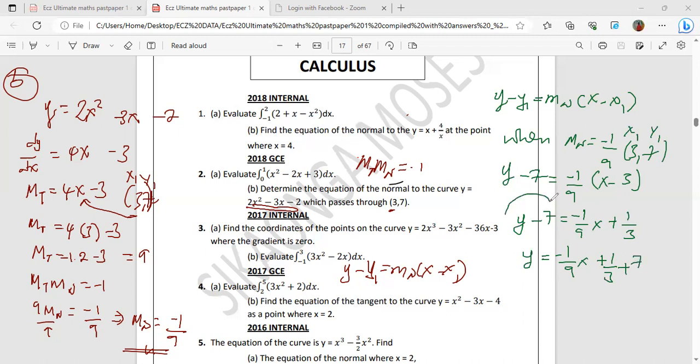Remember, when this one crosses that, it becomes a positive. So negative 1 over 9 x plus 7 thirds. So that was the final answer for that.